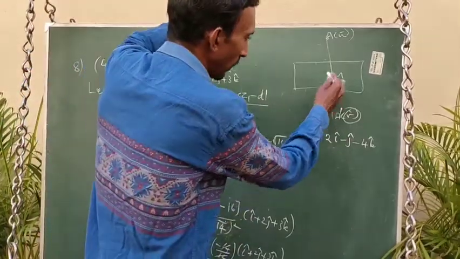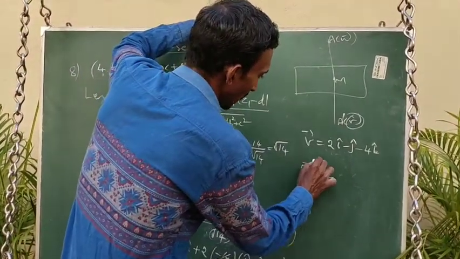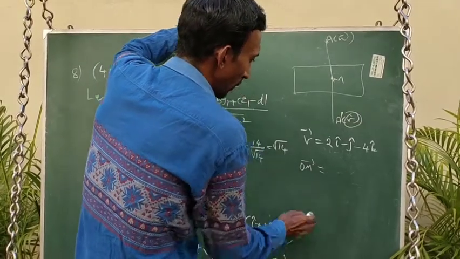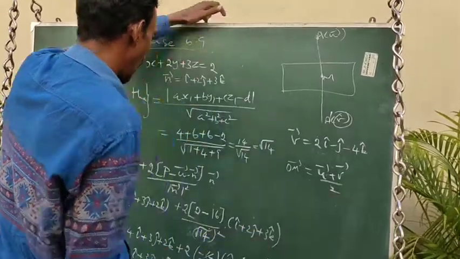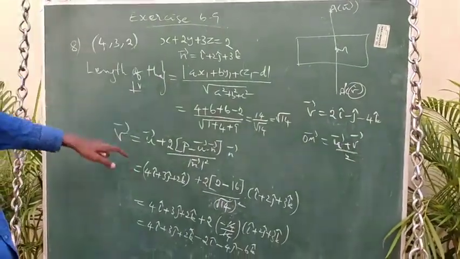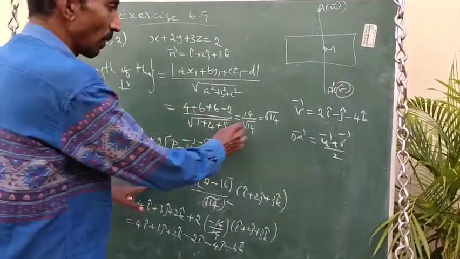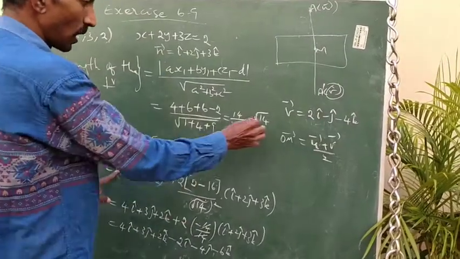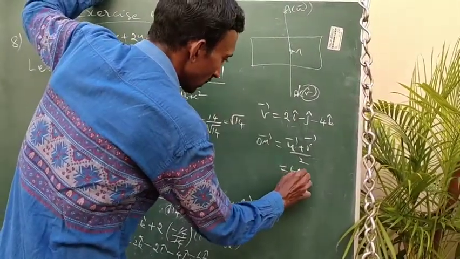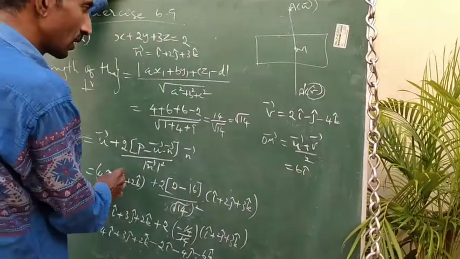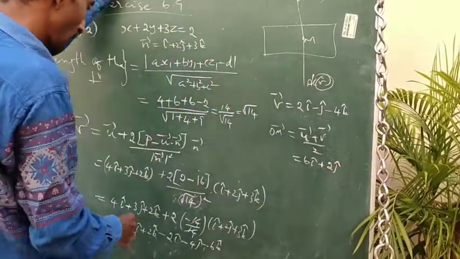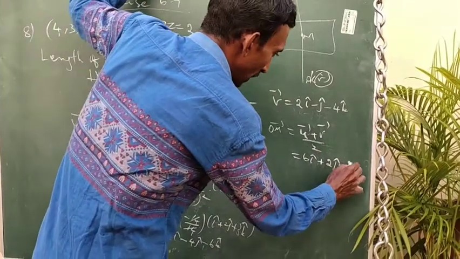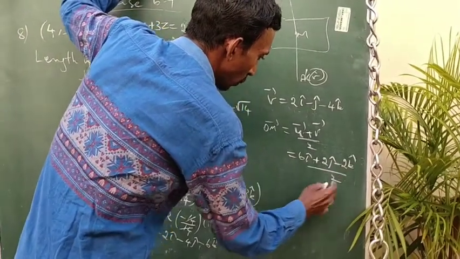So the foot of the perpendicular OM vector is u plus v by 2. The u vector is 4i plus 3j plus 2k. The sum of the two is 4 plus 2, 6i, 3 minus 1, 2j, and 2 minus 4, minus 2k, all by 2.